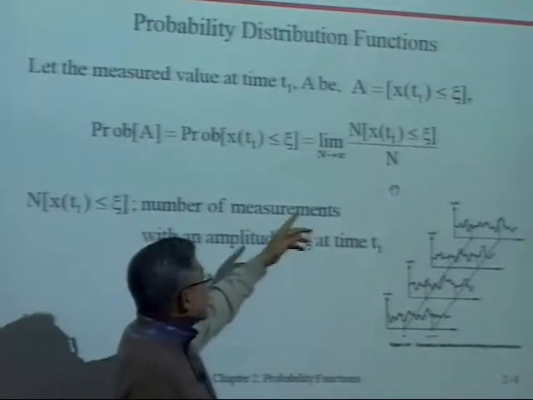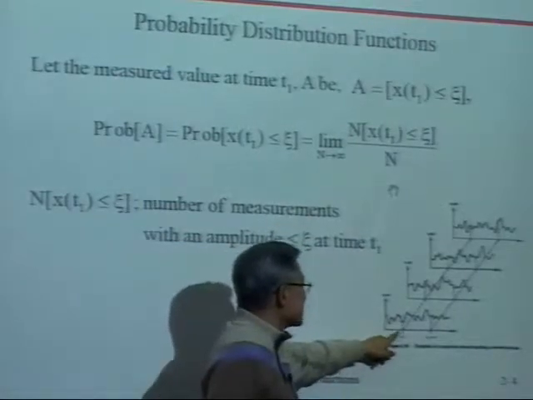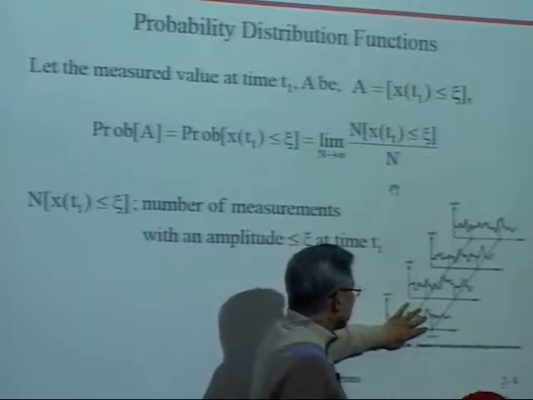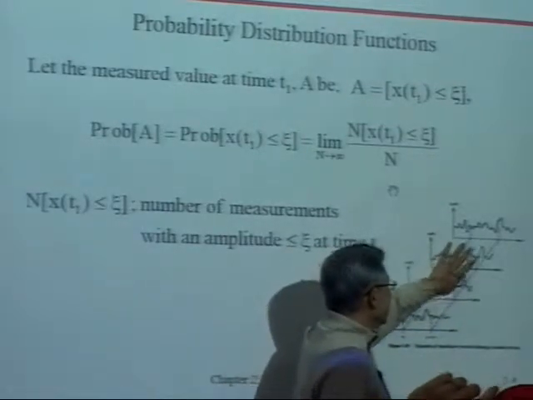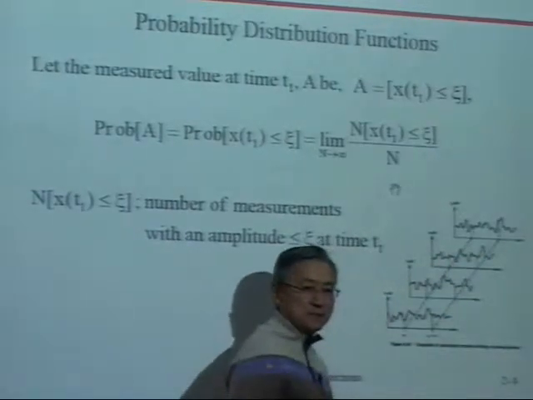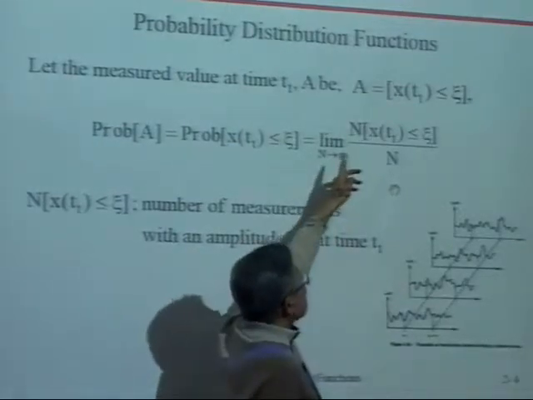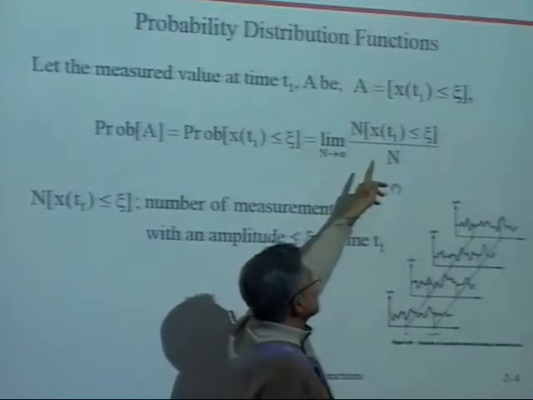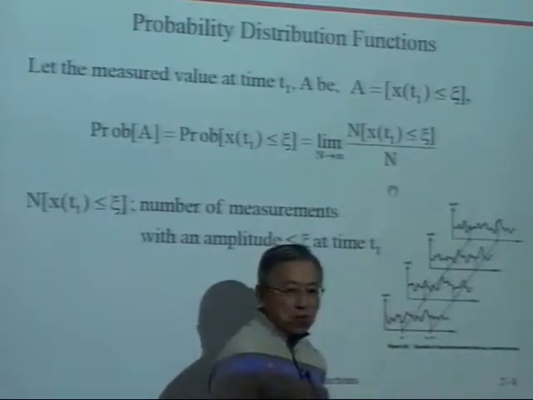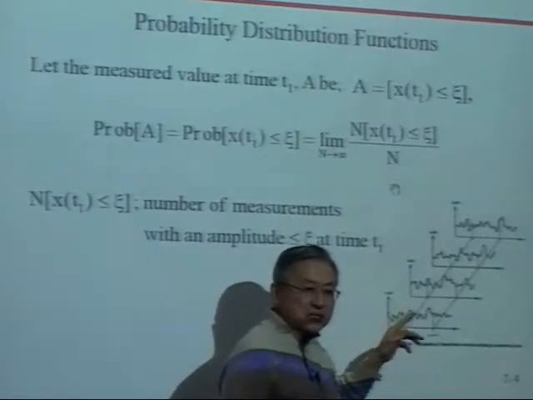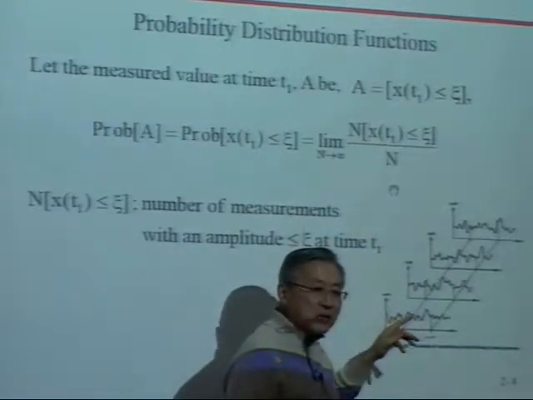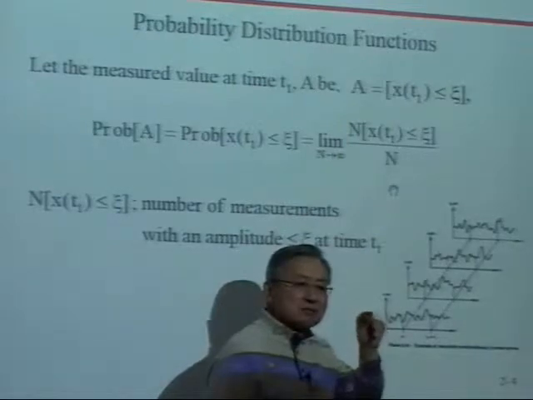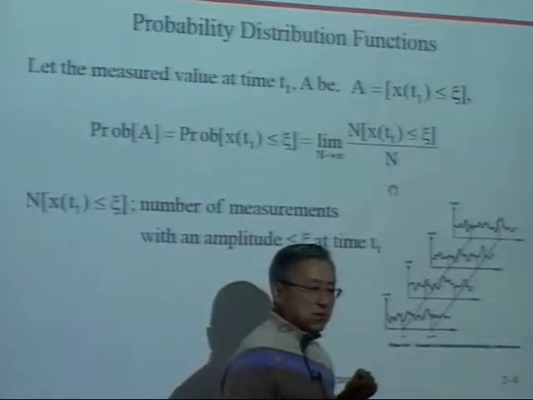Okay? And at time T1, all the way, this is one sample record, another there. Then event A is that the x value at time T1 is less than or equal to the chi value. Chi is a deterministic value.